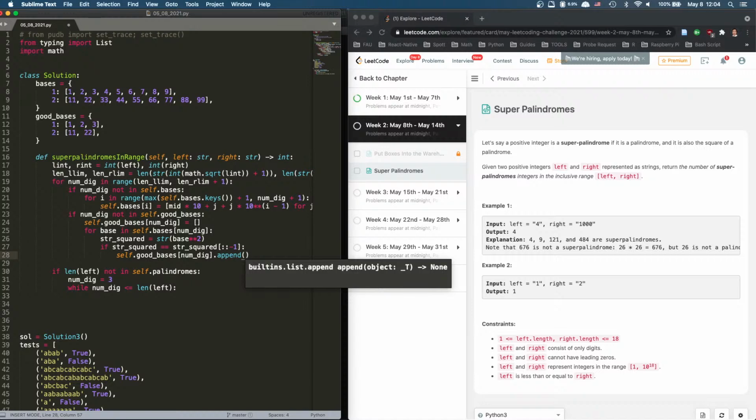Append the base. Append the base, right? So say if num digits is not in this, we're gonna go through all the bases, and then we put the right ones inside.